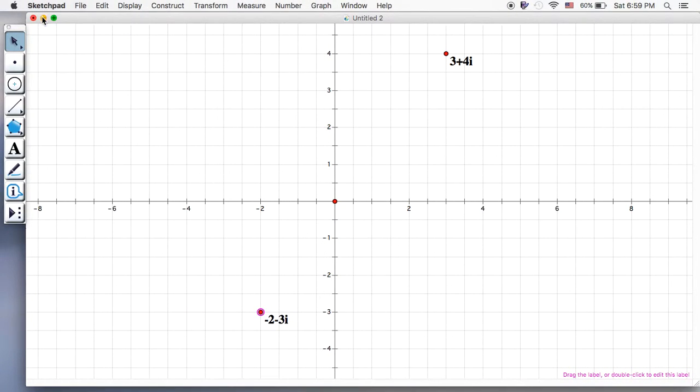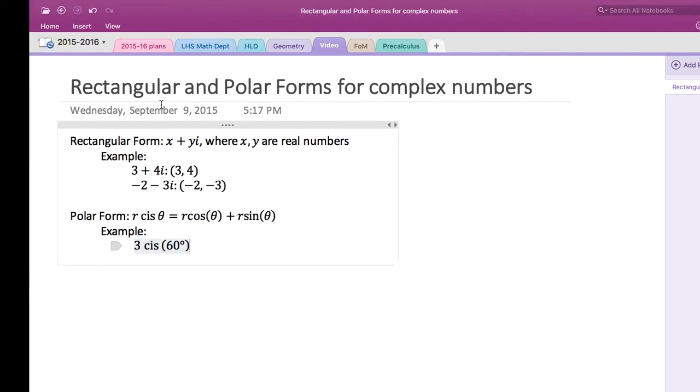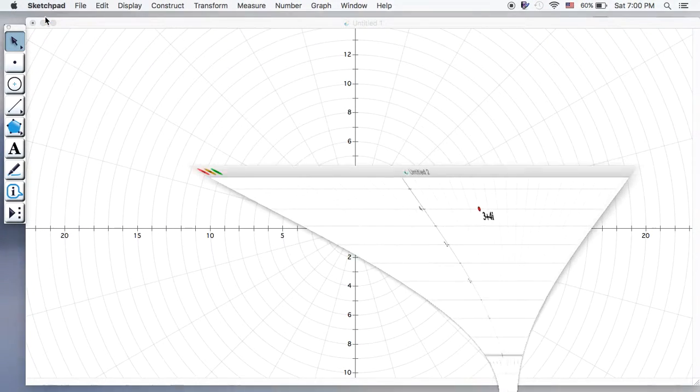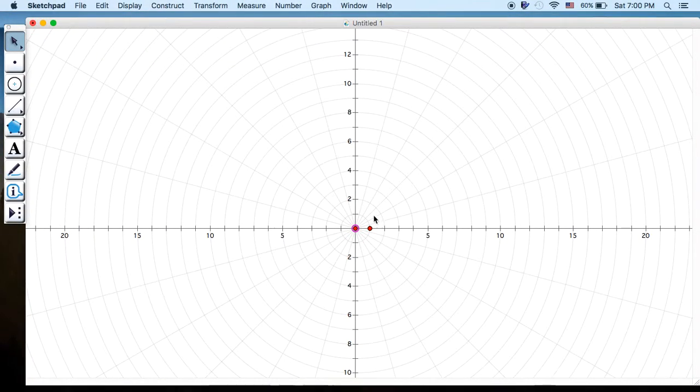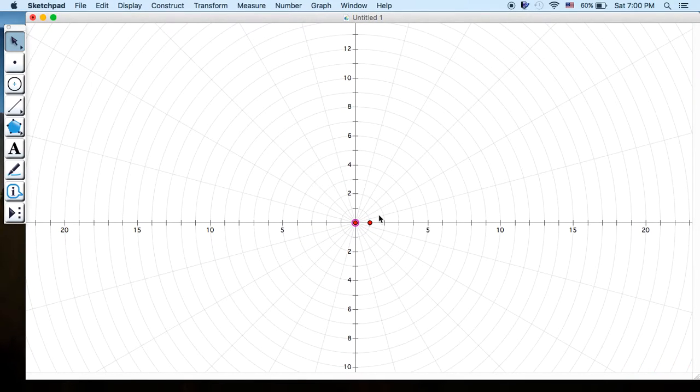But how can we graph that, right? So r cis 60 degrees, this is what we call the polar form graph, the polar graph. So we're going to look at 60 degrees. First of all, this is 90 degrees right there. It's divided into 1, 2, 3, 4, 5, 6. So this is 15 degrees.